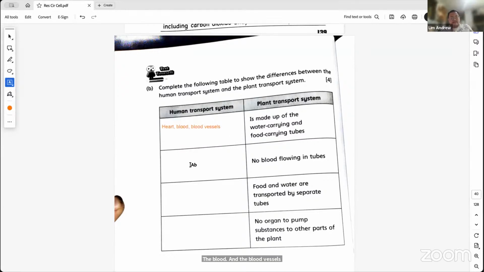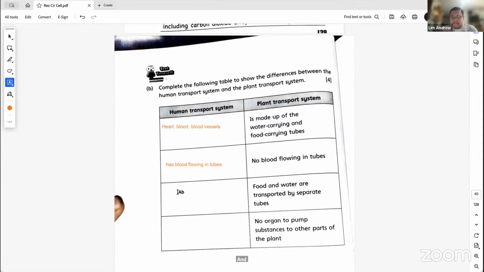Next up. The plant transport system has no blood flowing in the tubes, because plants don't have blood, whereas the human transport system has blood flowing in tubes.